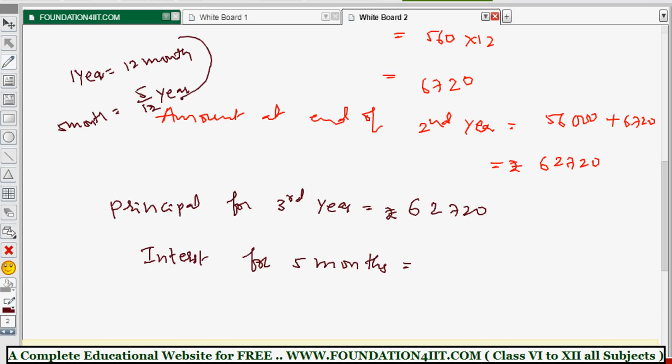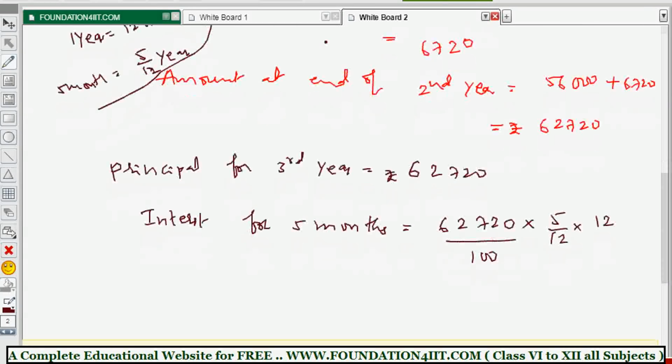The same logic applies here. Now the interest for 5 months: the principal is 62,720, but the time is 5 by 12, not 1, and the rate of interest is 12% by 100.